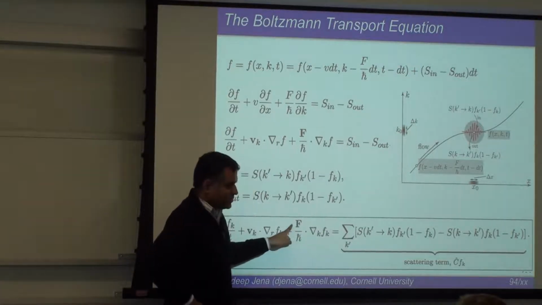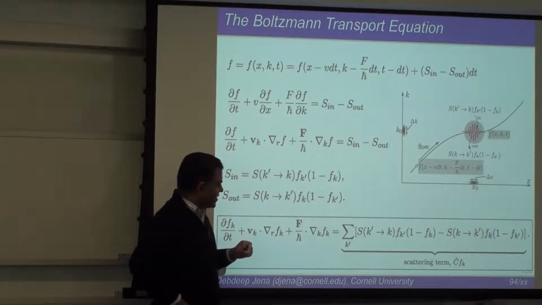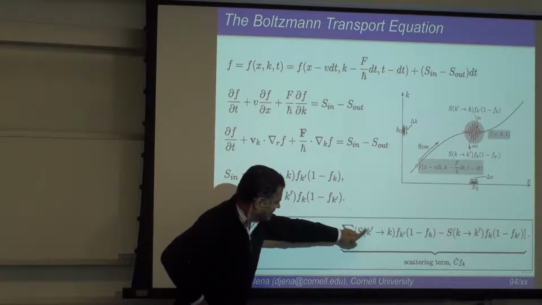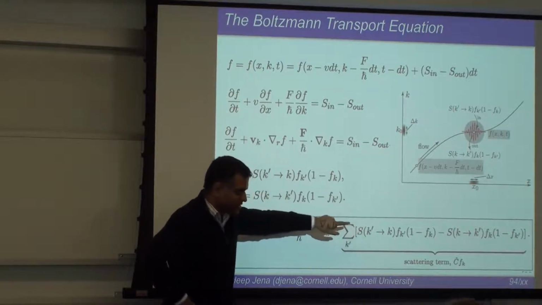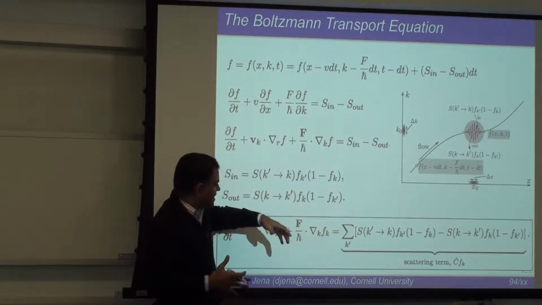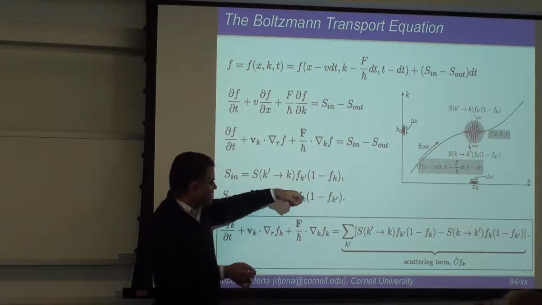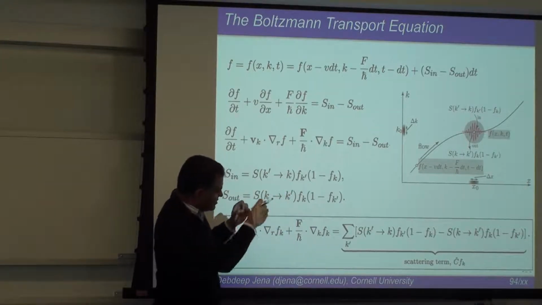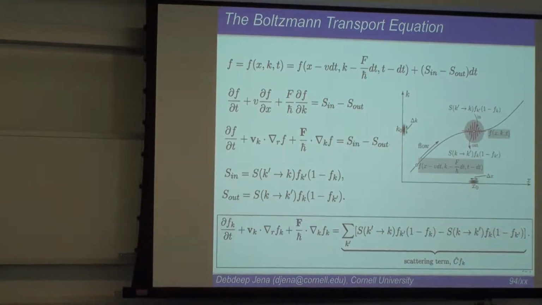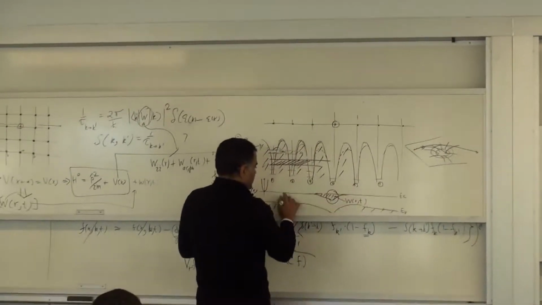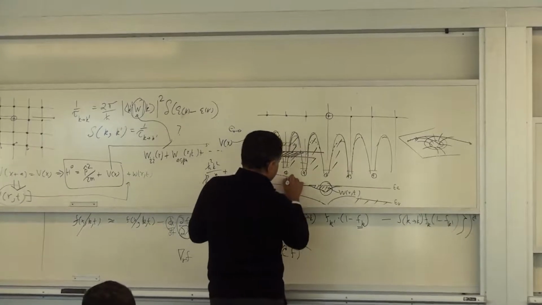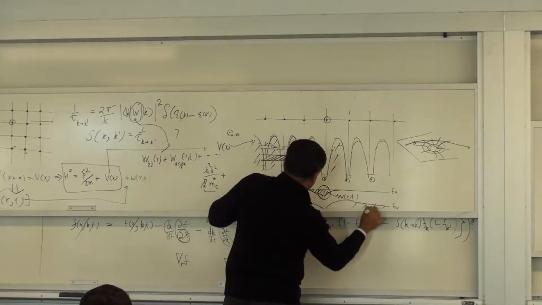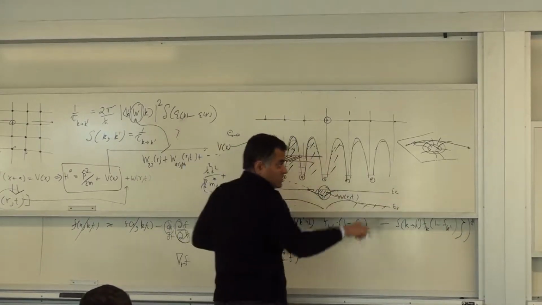That goes here. So this is any deviation from periodicity. But if I have maybe a defective crystal with potentials like this, then I'm only putting this on the right-hand side. The F there is if I apply an external potential that bends the bands over the whole thing, that goes here.